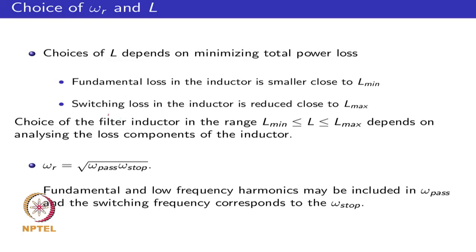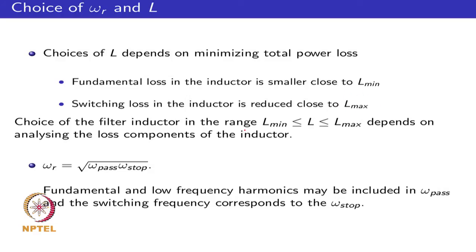If you look at the switching loss in the filter inductor, your switching ripple current tends to reduce as you increase your inductance. So the losses also reduce as the ripple current through the filter reduces. From the switching loss perspective, it is desirable to operate close to L max.